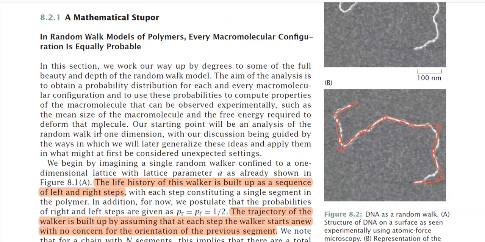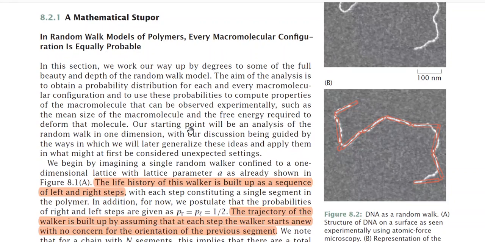So our aim is to first develop the random walk model and apply it to compute different properties of the macromolecule. For example, it may be the mean size of the macromolecule. You can also find the free energy required to deform that molecule.